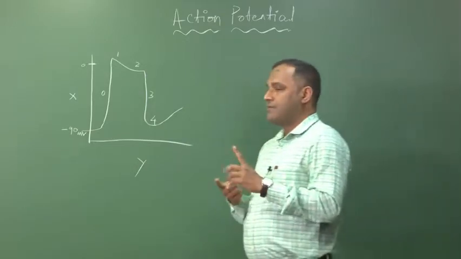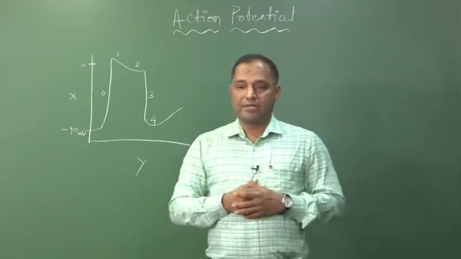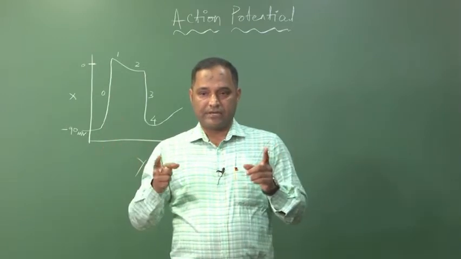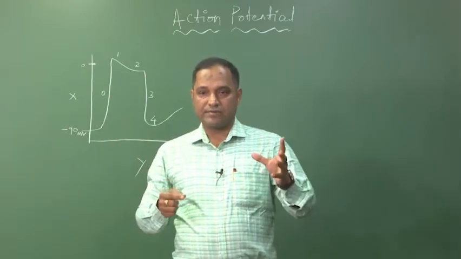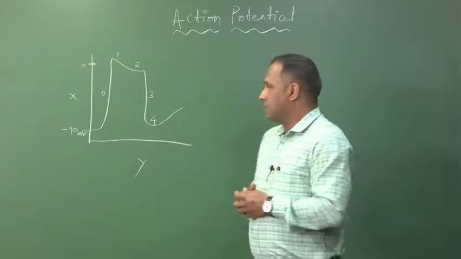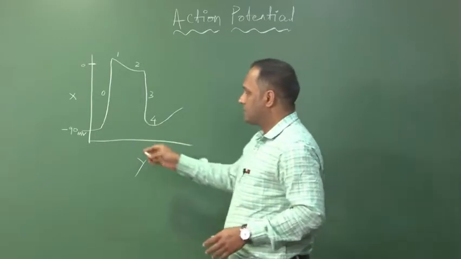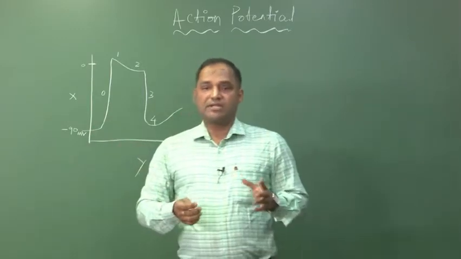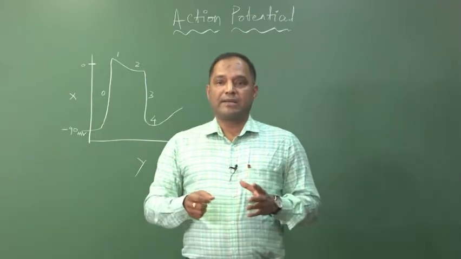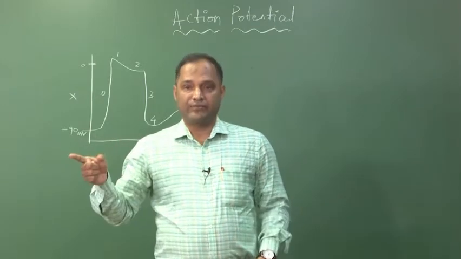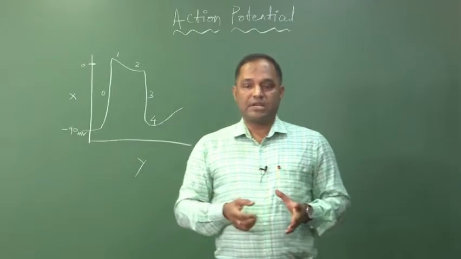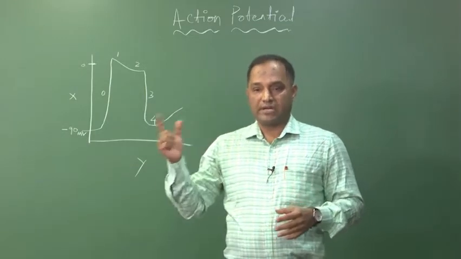Side by side, I will be drawing 3 cells where that action potential propagates. So minus 90 millivolt is the strength where the cells are polarized in the negative way. Got it? So cells are polarized in the negative sense.